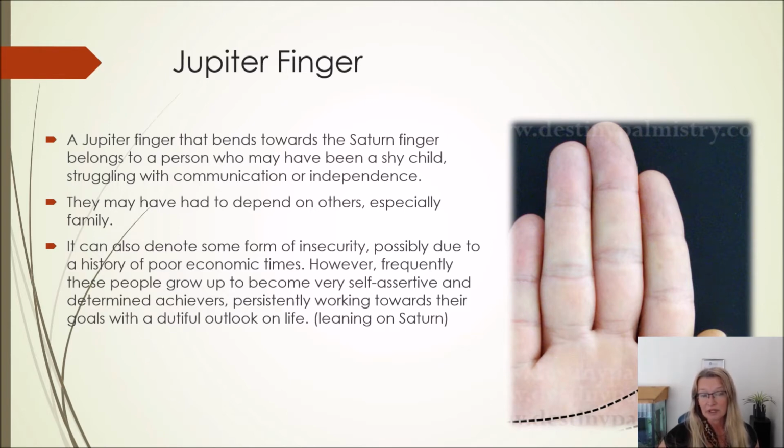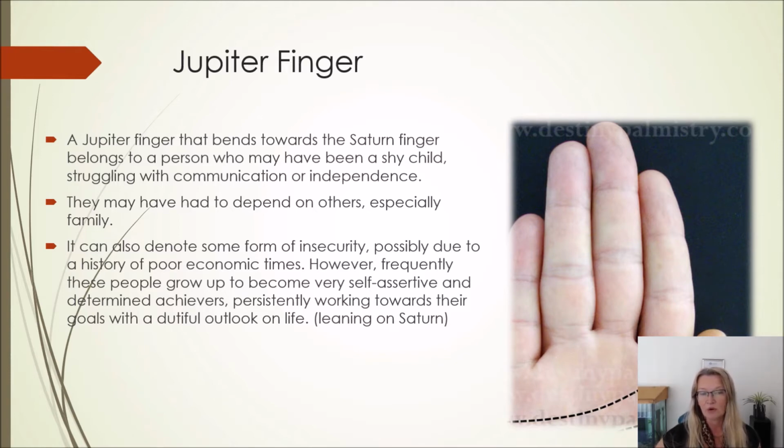However, frequently these people grow up to be very self-assertive, because the index finger being all about the ego and the self is leaning towards the Saturn, which is all about responsibility. So it's getting more responsibility from Saturn.